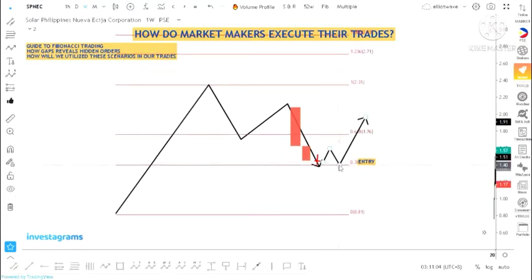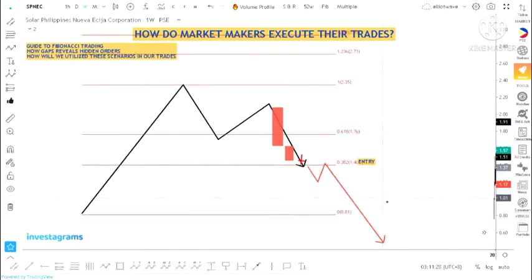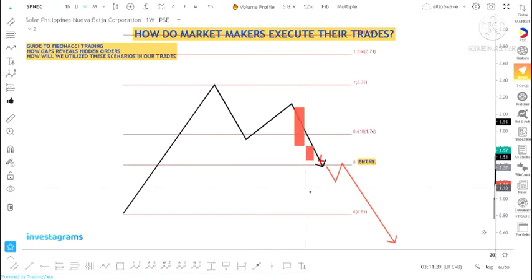So this is an example where the level is held, but what happens if this level is invalidated? The next thing that might happen is it will break down, make a retest, and then continue going down. These are the two possible scenarios we will be expecting at these levels.